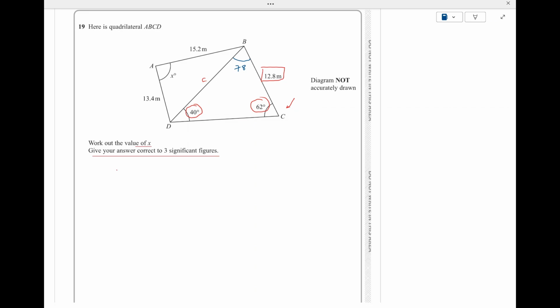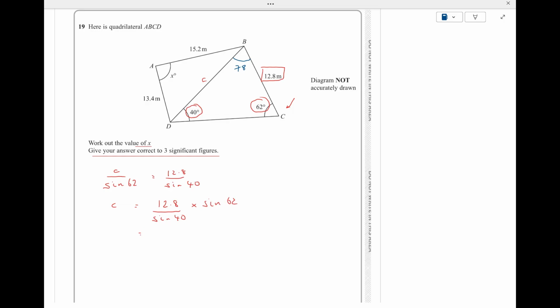So I'm going to go c over sine 62 equals 12.8 over sine 40. I'm using the sine rule the way up so that the unknown is on the top. It's the numerator. So I'm multiplying both sides by sine 62 now.